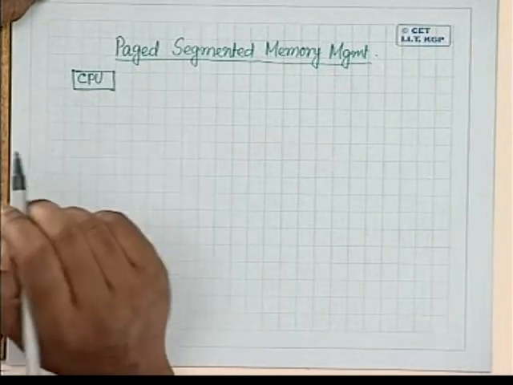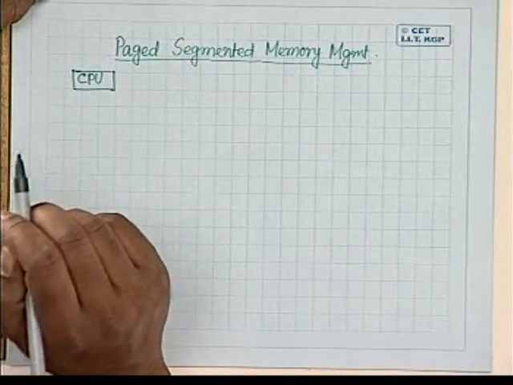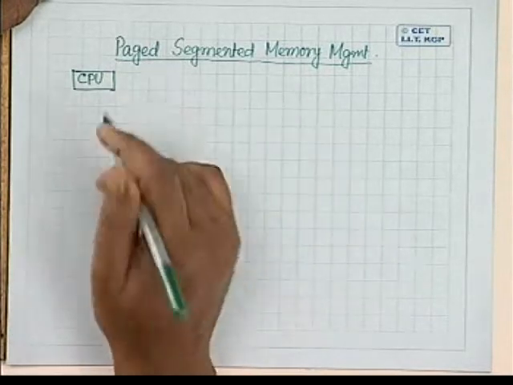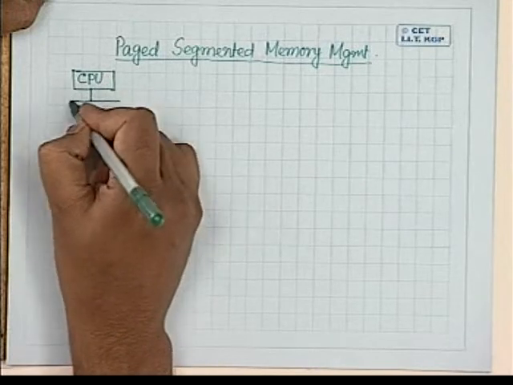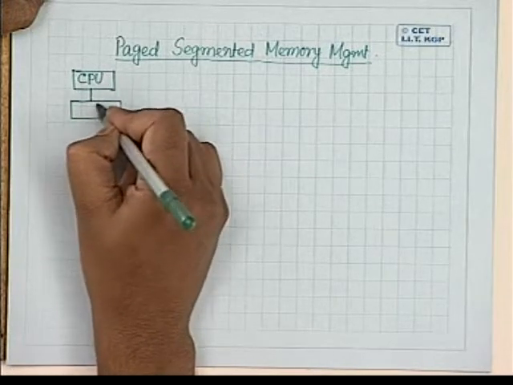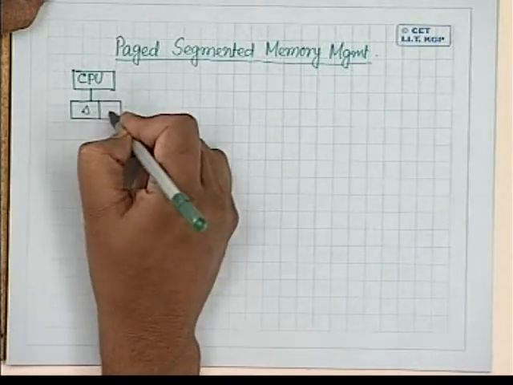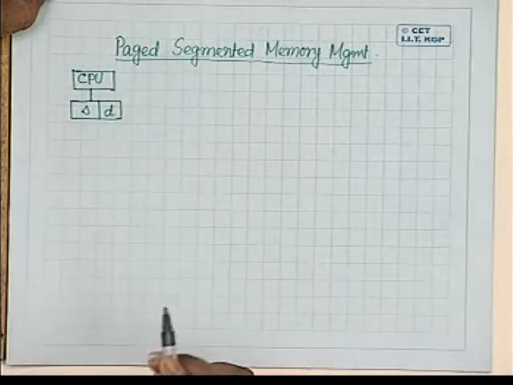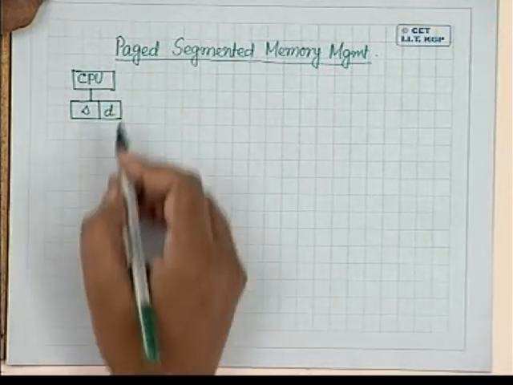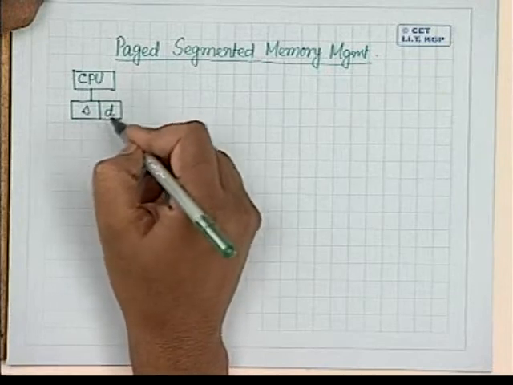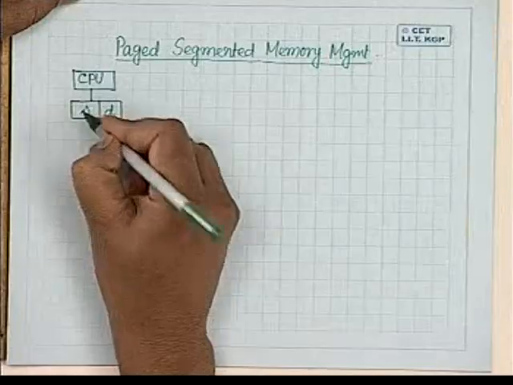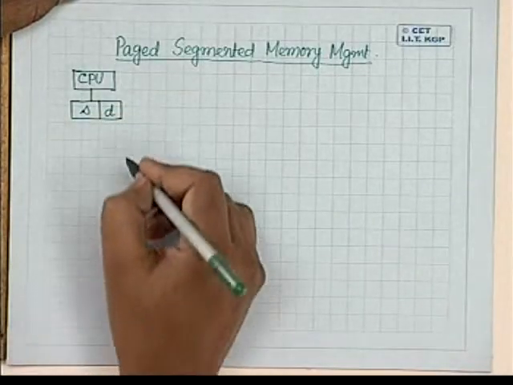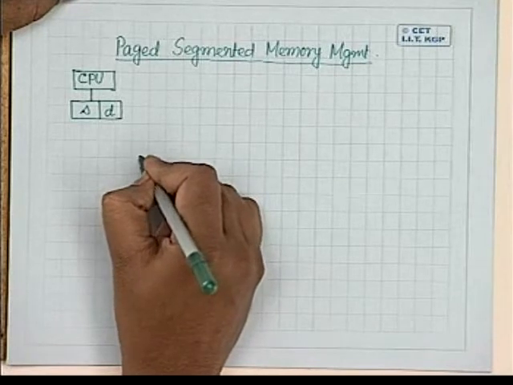That means the entire logical address space of the user program is divided into a number of segments. So the CPU gives you an address which is again two-component: segment number and offset within the segment. The maximum offset that can be generated is the length of the segment. Now, using this segment number, I go to a segment table.